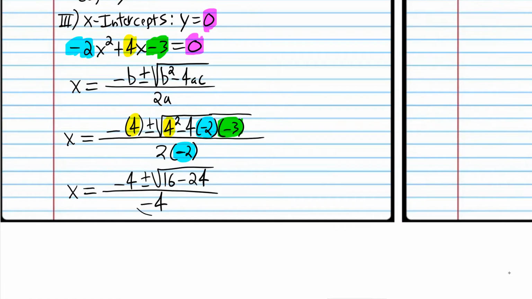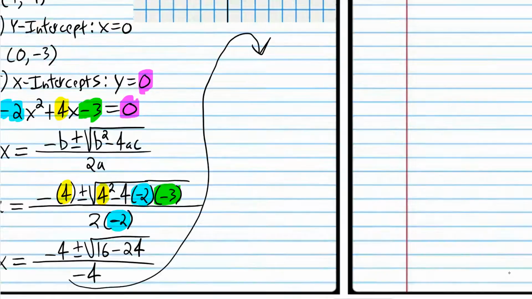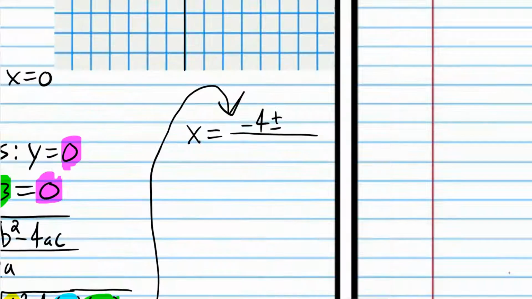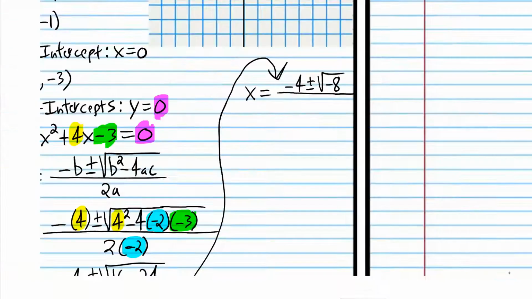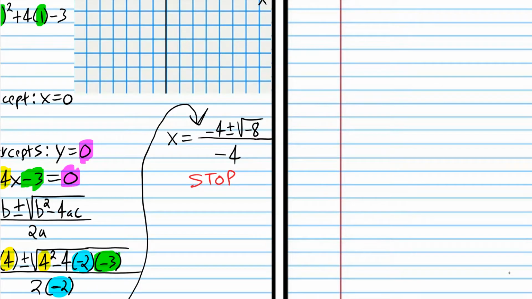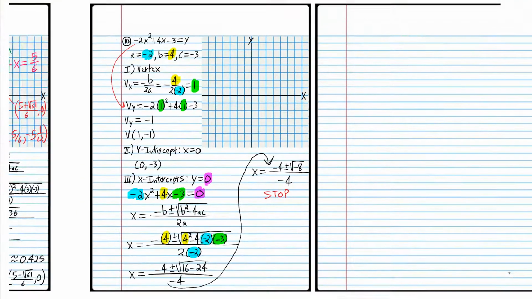But let's just go ahead and calculate what that would be inside the root before we stop. So it looks like we're going to get 16 minus 24 is negative 8. And on the bottom we have negative 4. So at that point we can stop, because we know that if there's a negative inside the root, that means there are no x-intercepts.